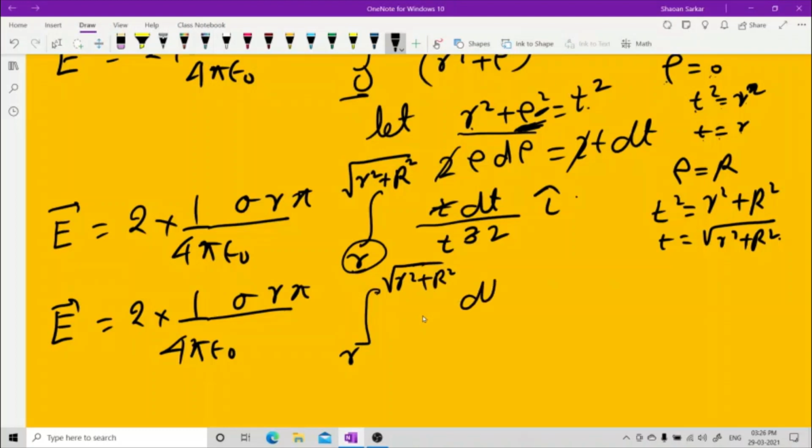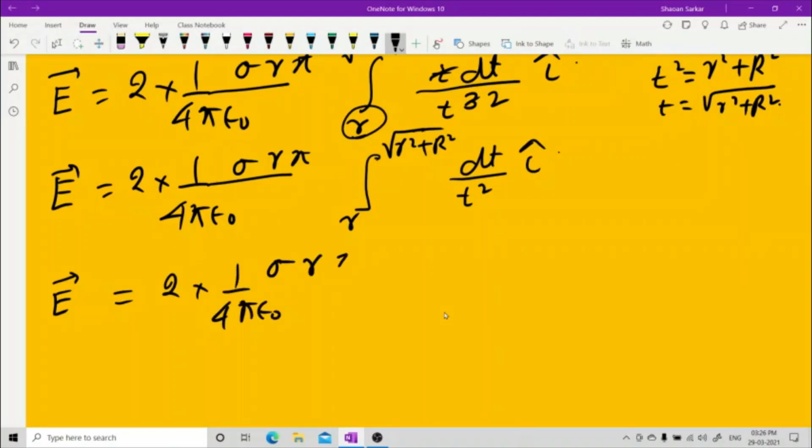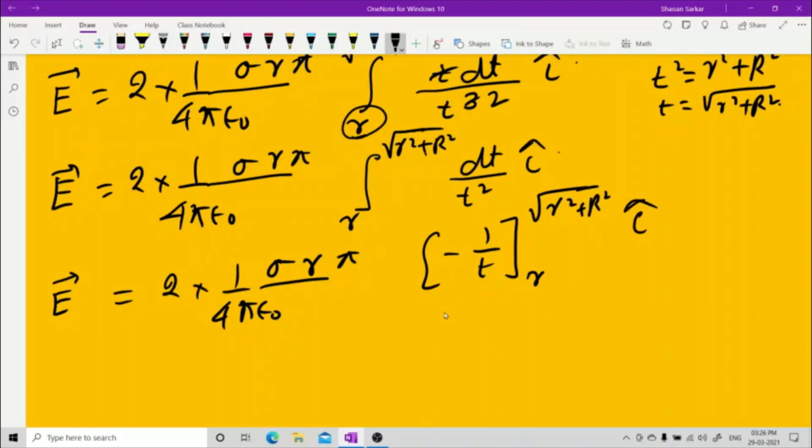Then you have dt by t square i cap. Now the integration of this you already know. This will be 2 into 1 by 4 pi epsilon naught sigma r pi, and this will be minus 1 by t. The lower limit will be r, and the upper limit will be under root r square plus R square. And then you have i cap.